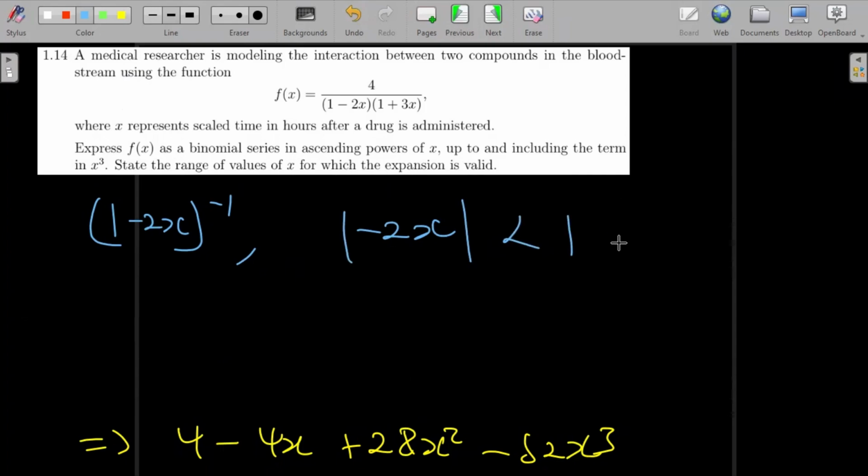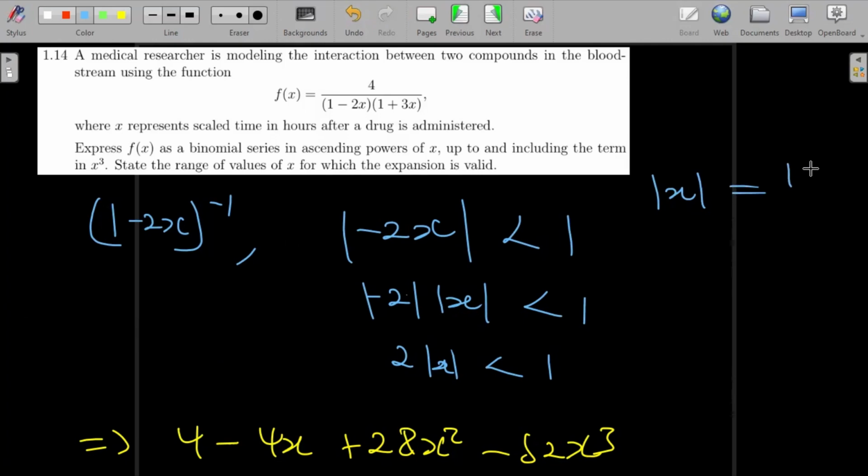This simply means we can distribute this modulus: the modulus of -2 times the modulus of x is less than 1. So 2|x| should be less than 1, which will just be |x| < 1/2.